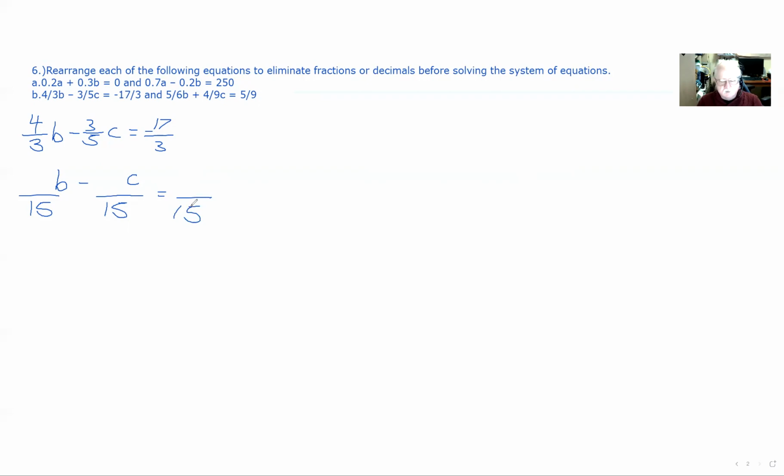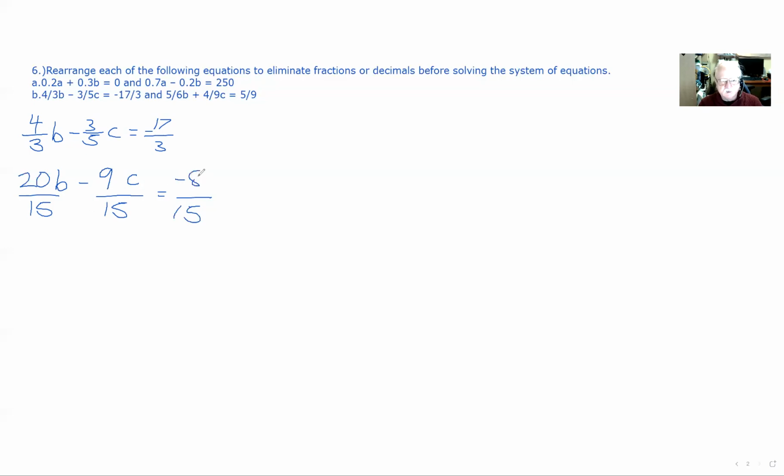So I'll go 15 divided by 3 times 4 equals, this will be 20. And 15 divided by 5 equals 3 times 3 equals 9. Be a negative 9 here. And 15 divided by 3 equals 5 times 17 equals 85.